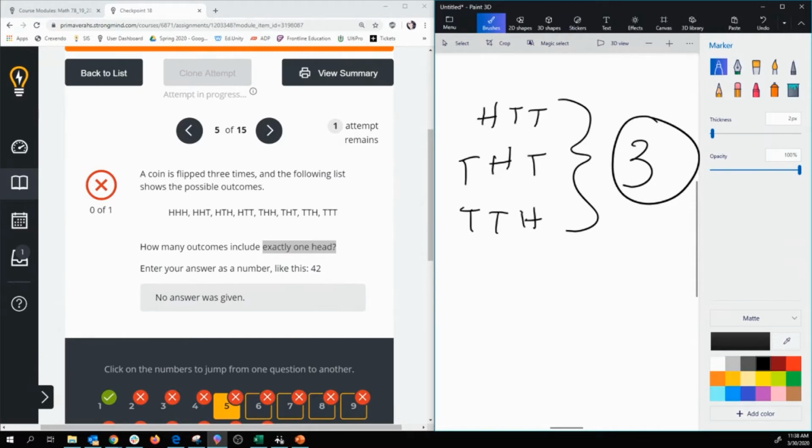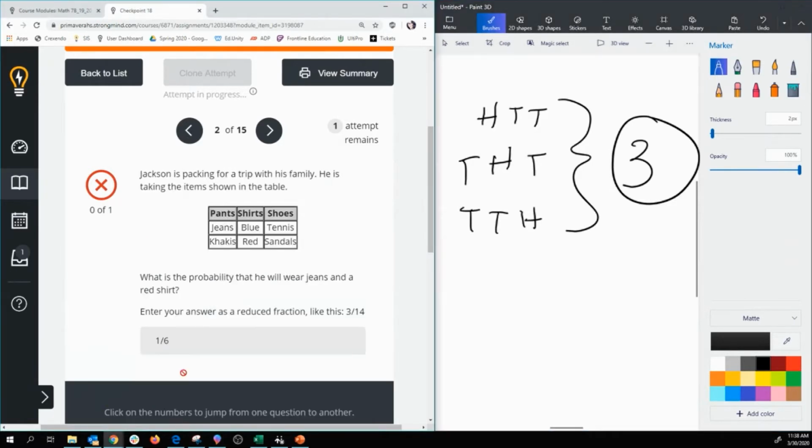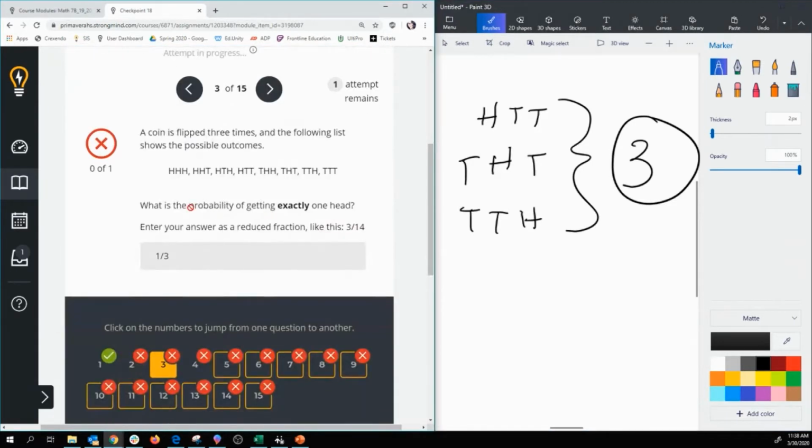No, Dawson, the one we did before this was asking about probability. That was this one. See how this one uses the word probability in it? So that would be the one where we do 3 over 8. This one is just asking for the number of outcomes, which would just be 3. So they're the same exact question, but the only difference is those 2 words.